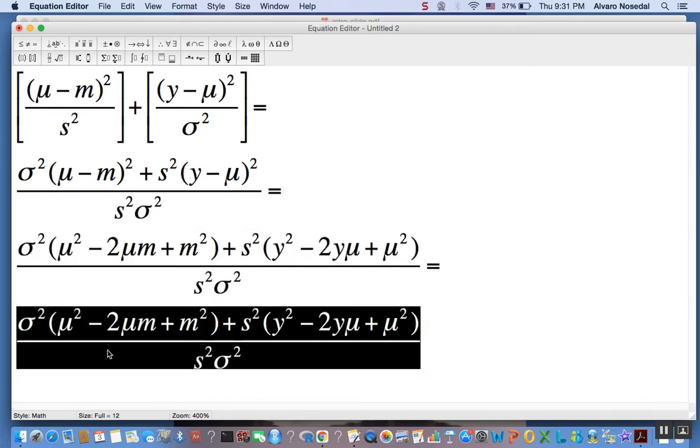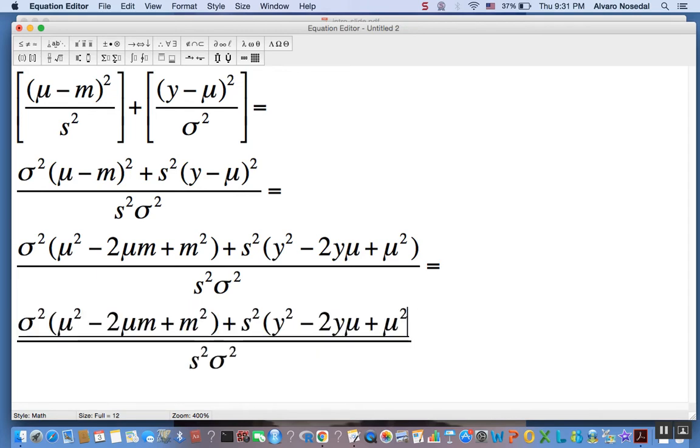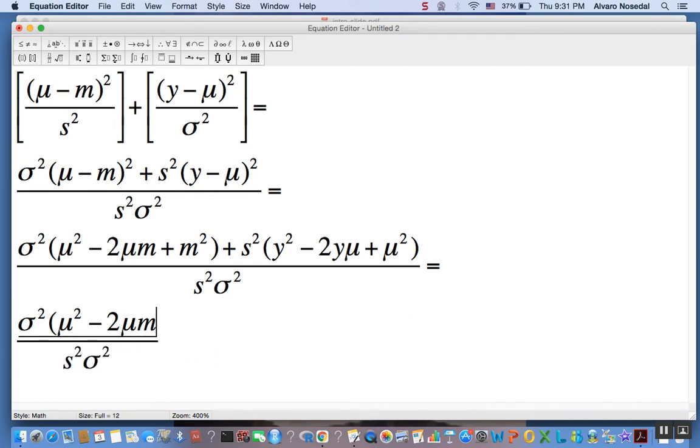Let us start with those that have to do with mu squared. First, let's pay attention to terms that have to do with mu squared.